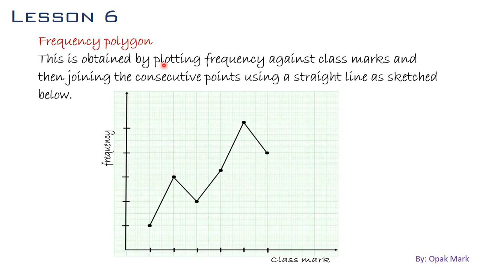So we have frequency on the vertical axis and class marks on the horizontal axis. Then we plot frequency against class marks and join the points plotted using straight lines.